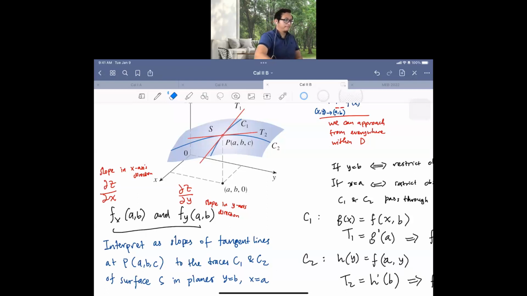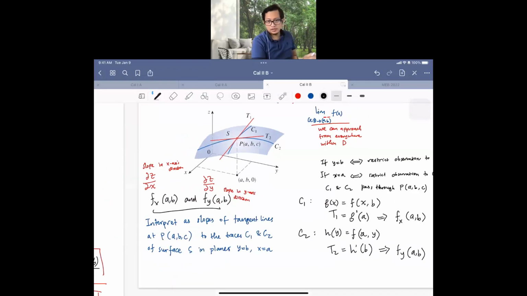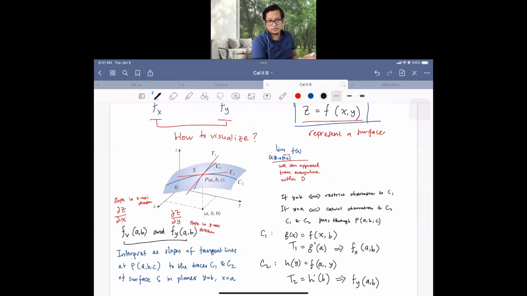Okay. Now let me give you a few examples to let you get some familiarity in partial derivatives. I hope the notes are clear enough. And if you have problems taking notes when you are in a class, I'm suggesting not to take all notes.